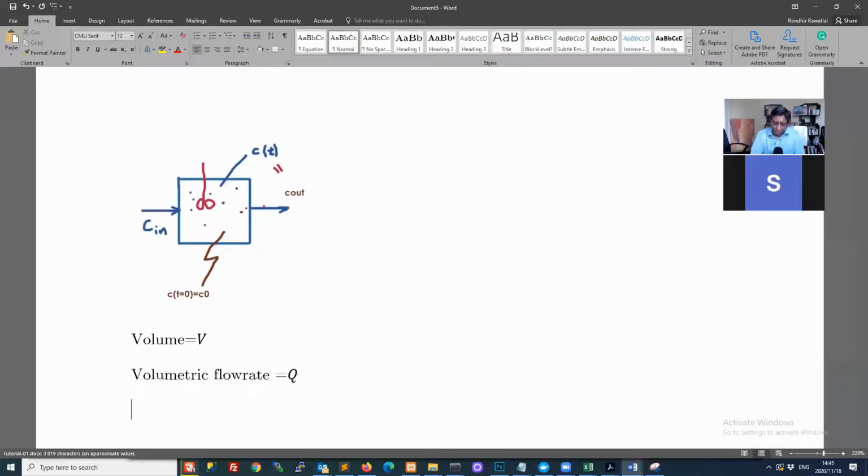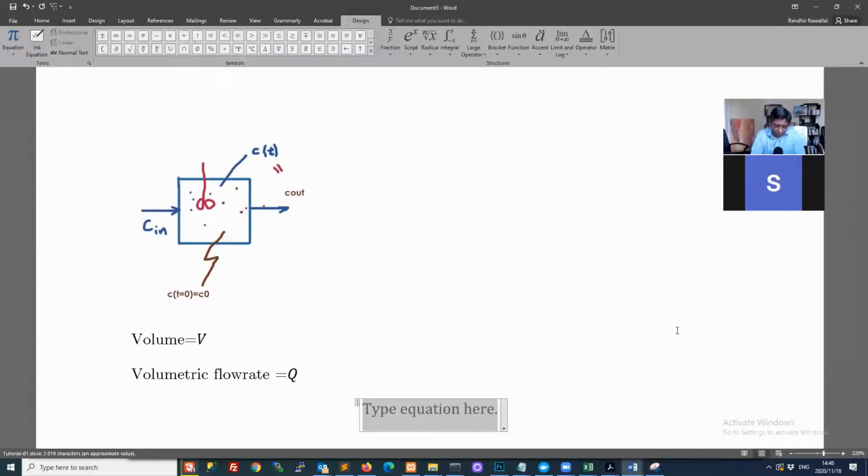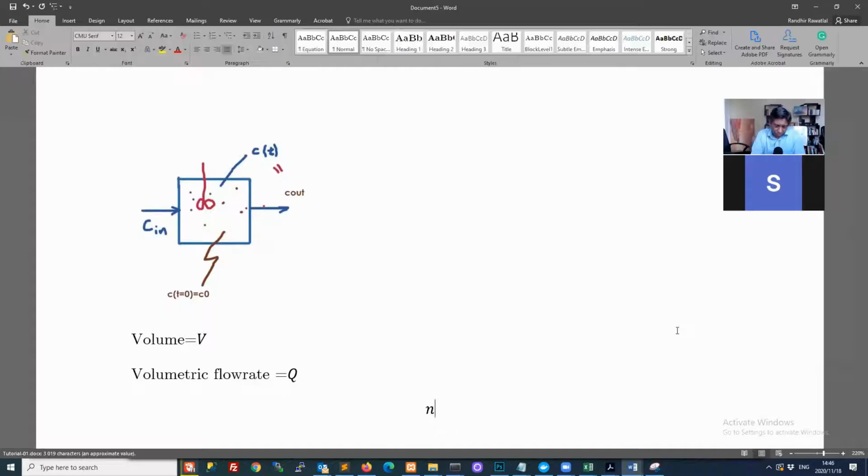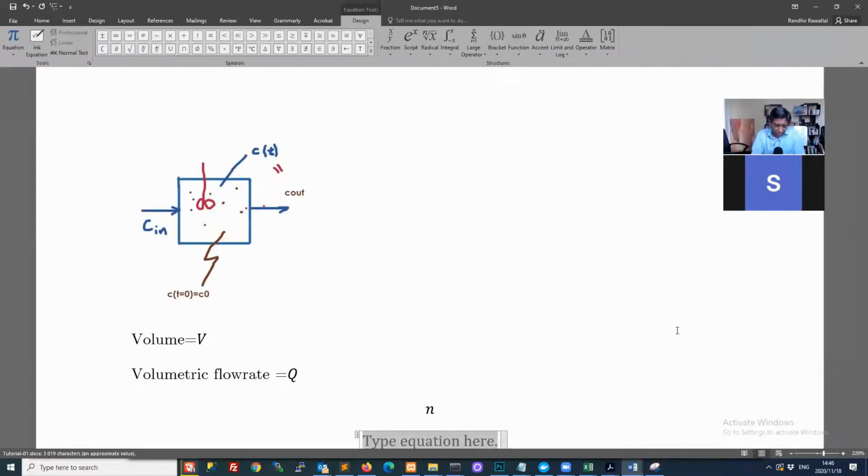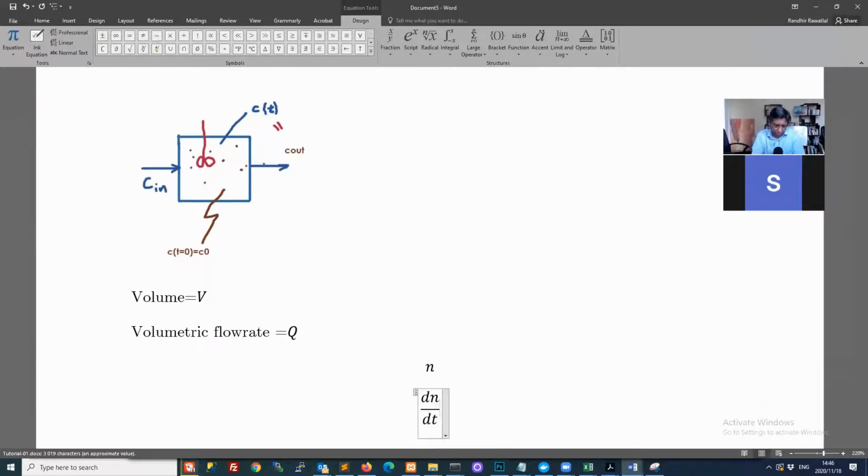We'll want to write a balance on the number of moles of the component in that system. So we can define N to be the number of moles. The rate of change of the moles in the system must equal the amount that entered. The entering flow rate is Q in times C in.